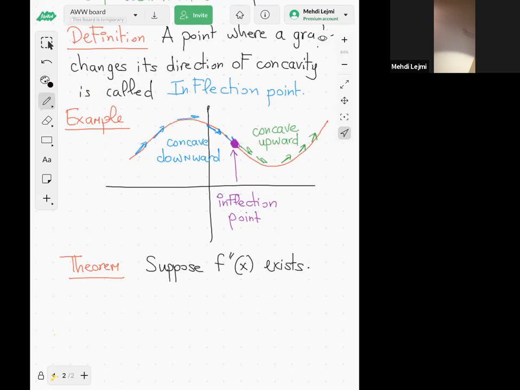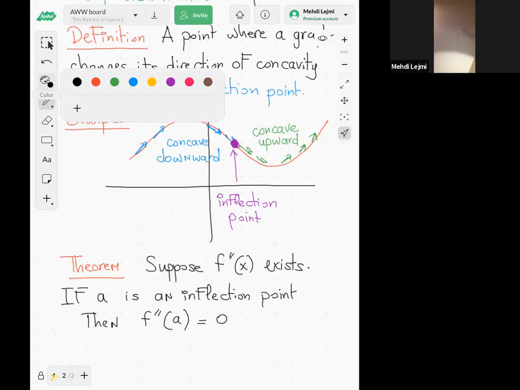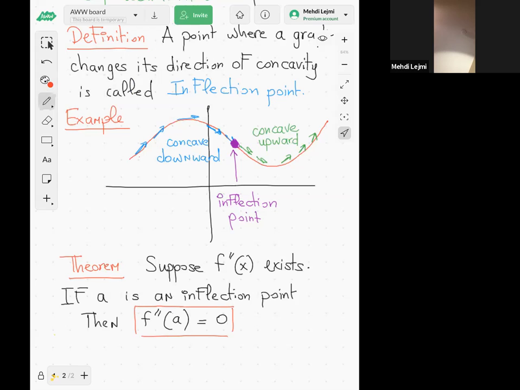So if a is an inflection point, then f second of a must be 0. So if you have an inflection point at a, then the second derivative must be 0.